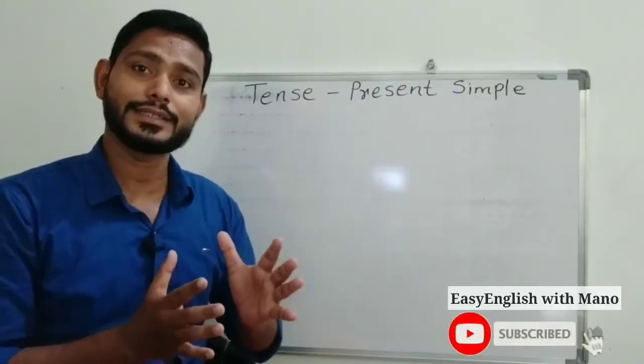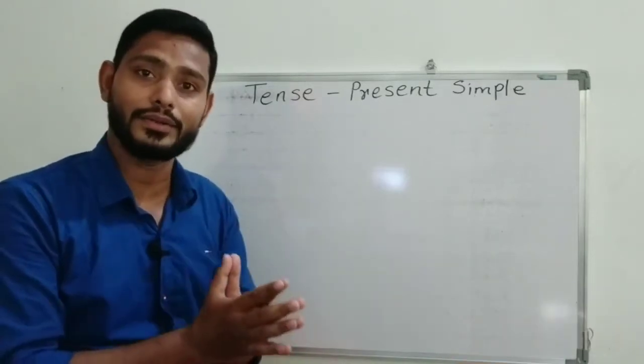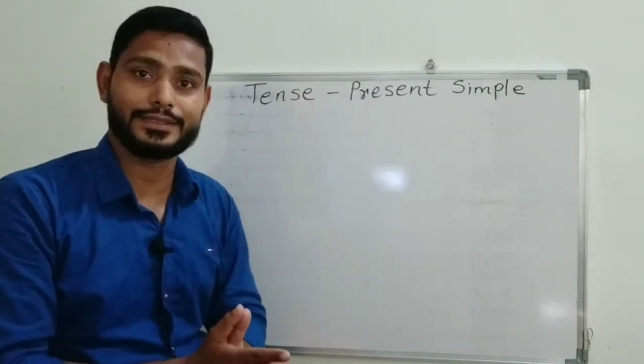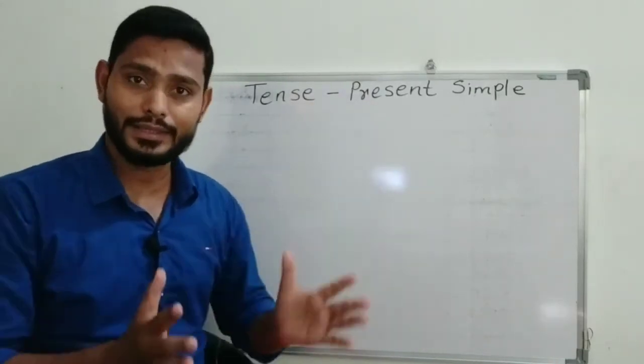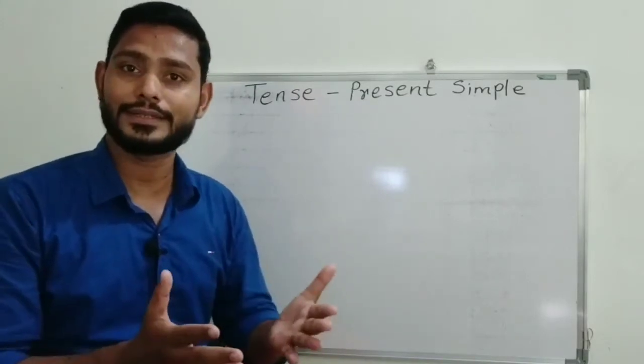And in this lesson I'm going to teach you the very basic part of English tense, that is all about present simple tense. You know that there are mainly three tenses. It's very clear to all of you: present tense, past tense and future tense.